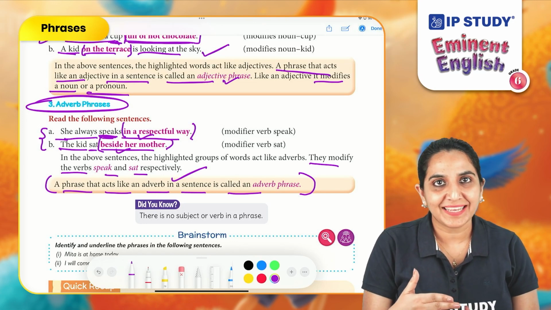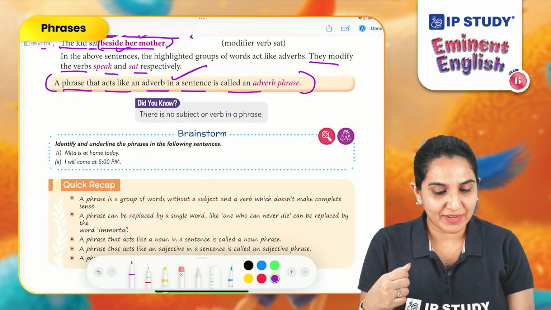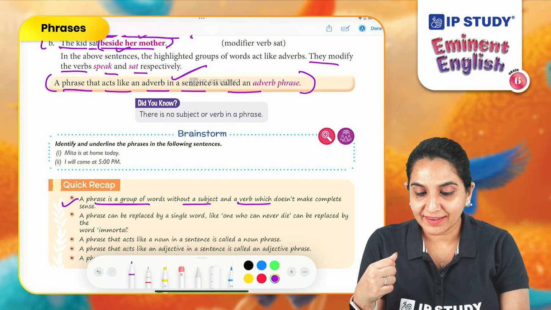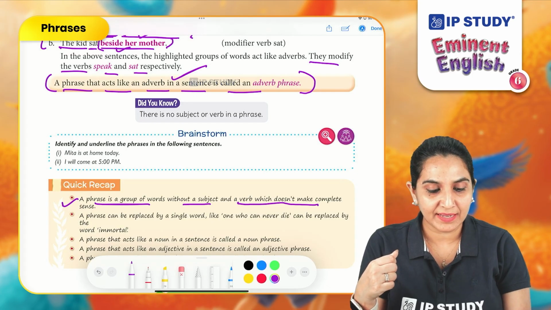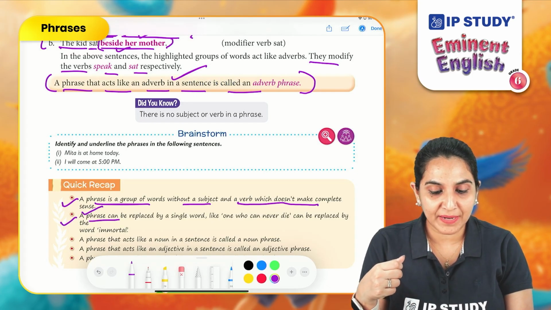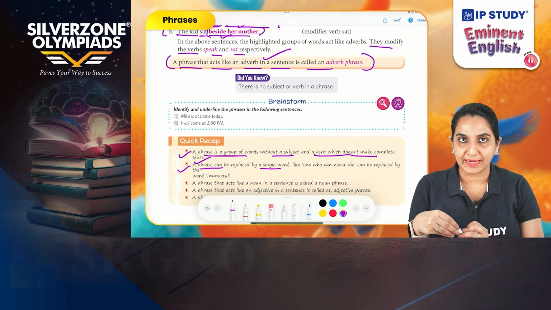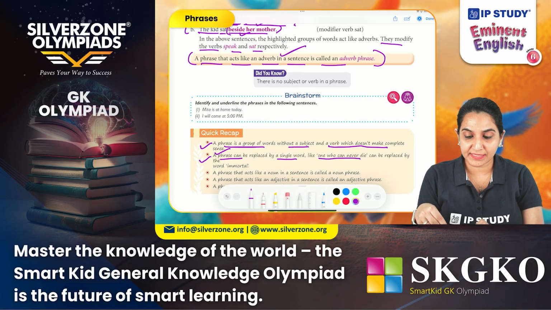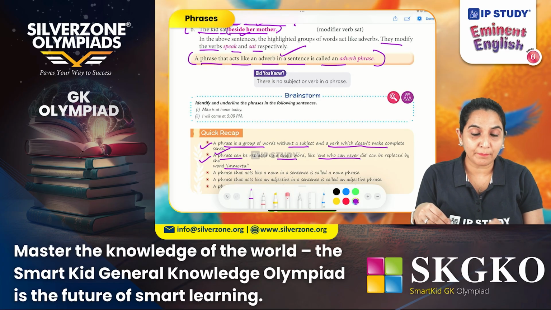Let us do a quick recap. A phrase is a group of words without a subject and a verb which doesn't make a complete sentence. A phrase can be replaced by a single word as well, like "one who can never die" can be replaced by the word "immortal."